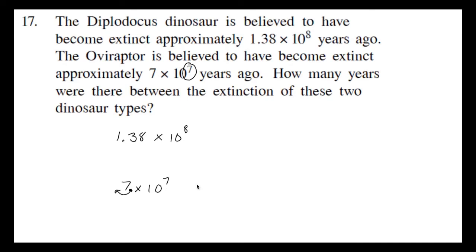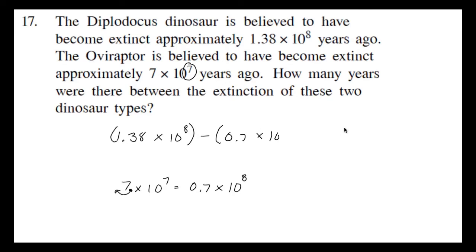So my new number would be 0.7 times 10 to the 8th power. Now I can go ahead and subtract numbers minus numbers, powers minus powers. So that would be the Diplodocus minus this one right here, 0.7 times 10 to the 8th.